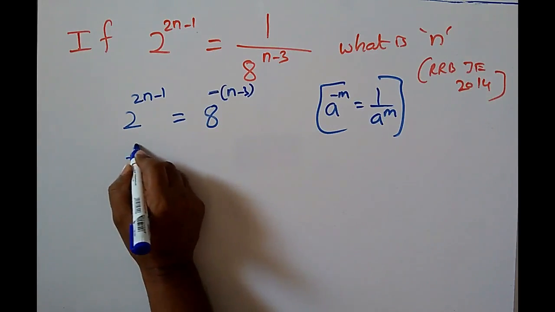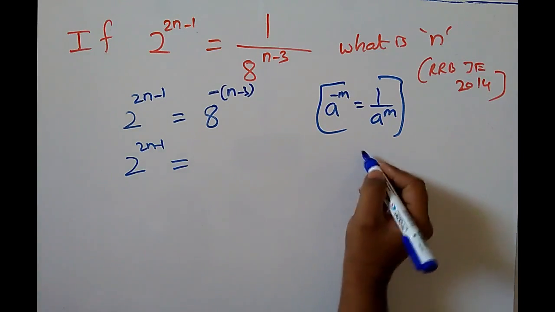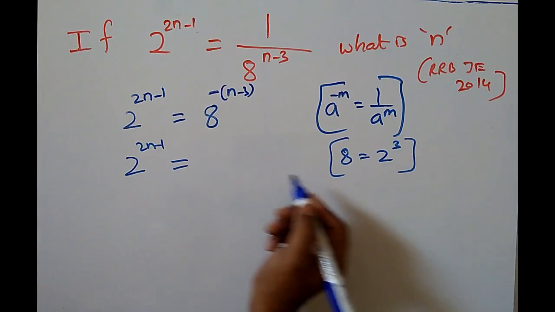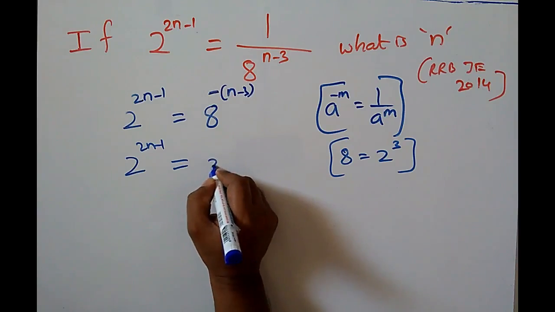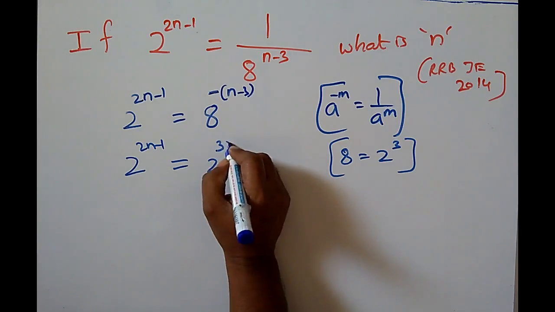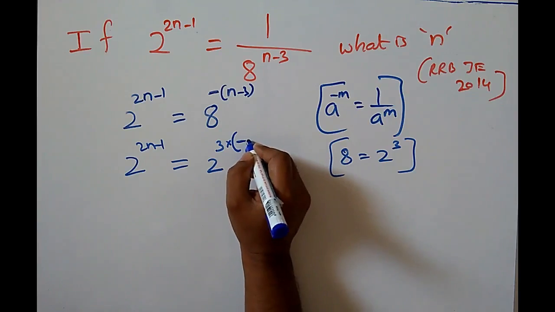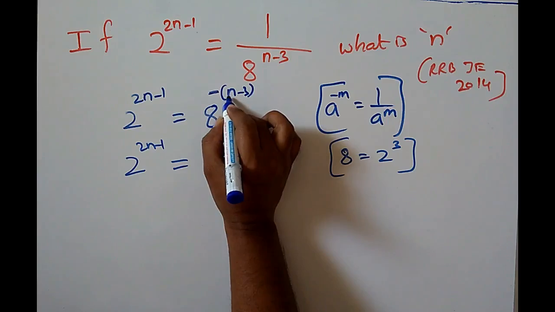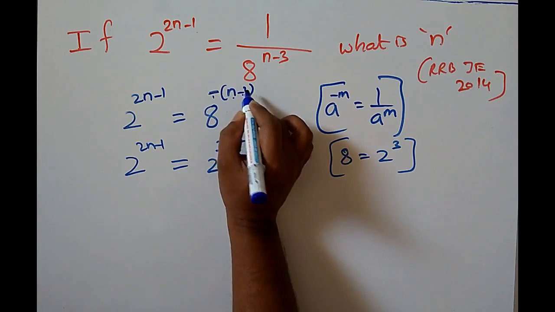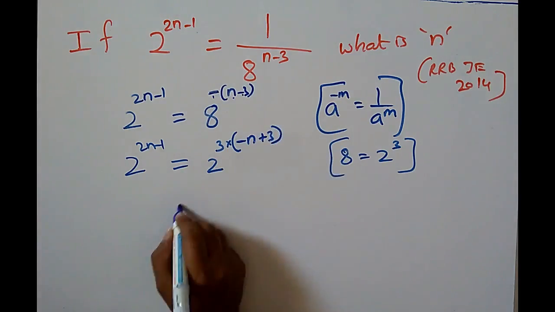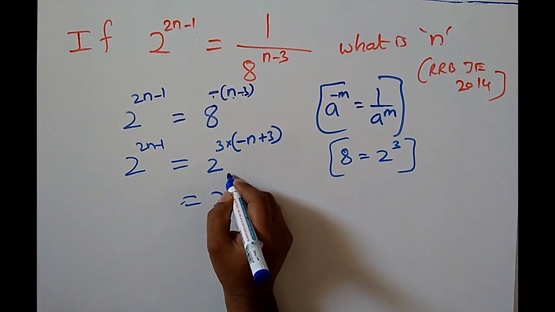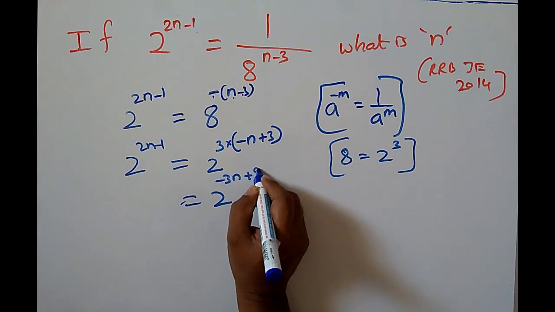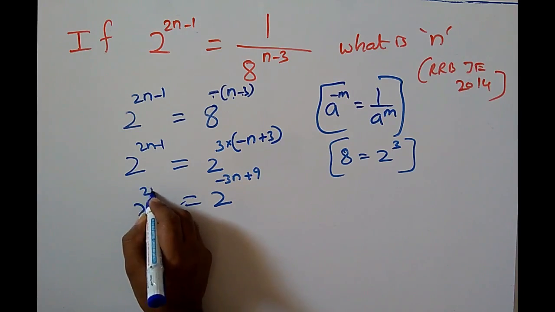Here we know that 8 is nothing but 2 cube, 2 into 2 into 2. We are substituting it here. 2 cube to the power minus n, multiplying the minus, we bring it into the bracket, minus n, minus into minus plus 3. So we will get 2 power minus 3n plus 9. And 2 power 2n minus 1.